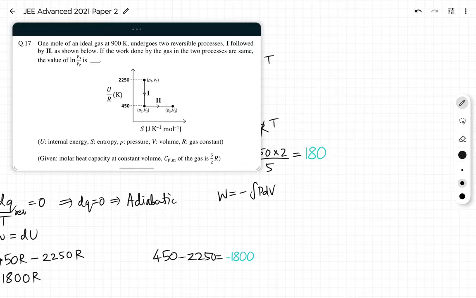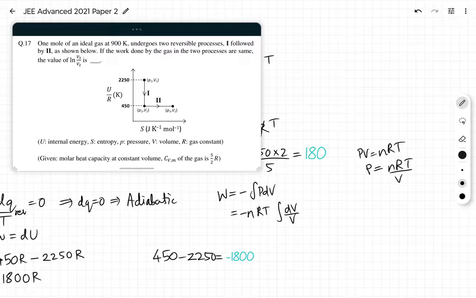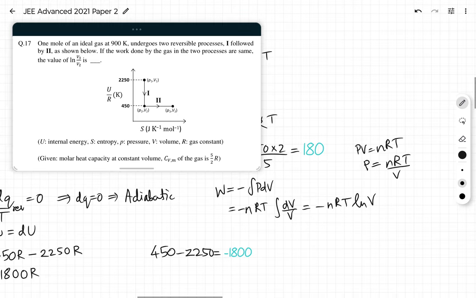PV equals nRT, and temperature is constant, which means P can be represented as nRT by V as a function of volume, and nRT are constants, so they come out, minus nRT integral dV by V. This will be minus nRT ln Vf by Vi.